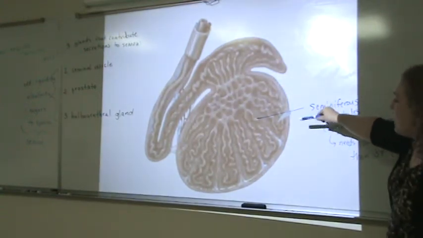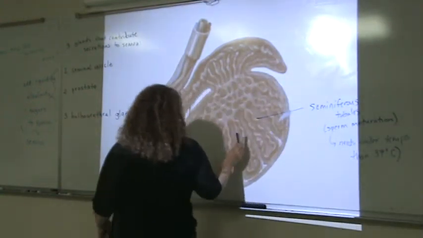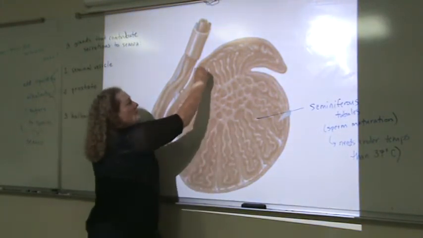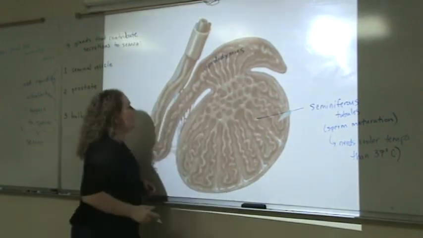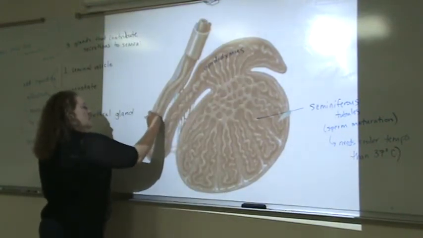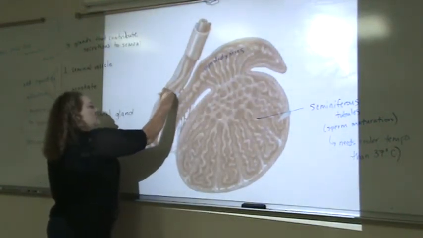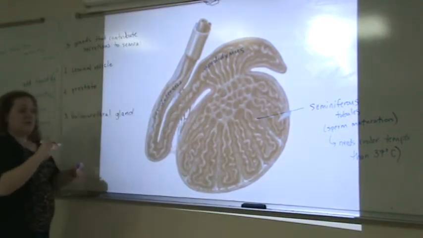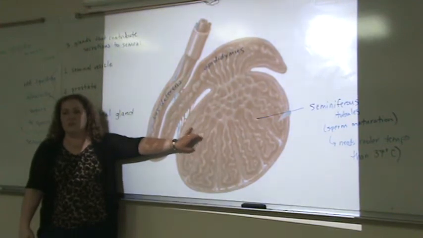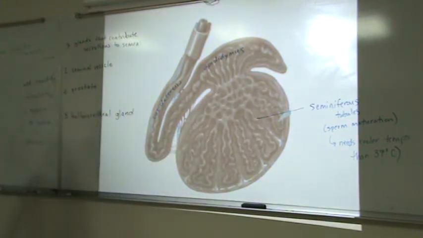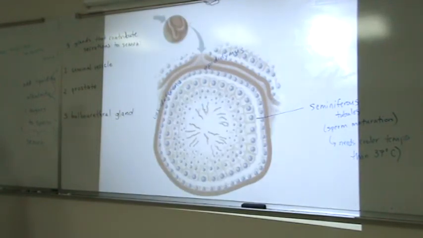So that's supposed to be happening in these seminiferous tubules in the testis. This would be the epididymis up here. This would be the start of the vas deferens. But when sperm are first forming, they need to be at cooler temperatures than regular body temperature.